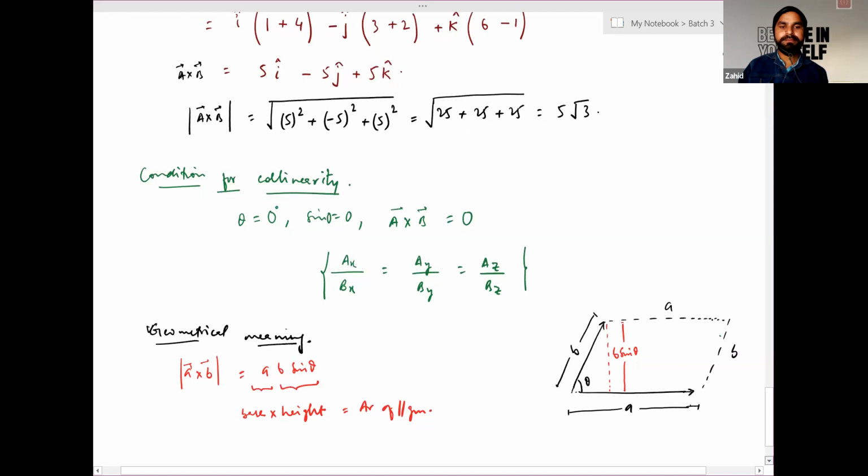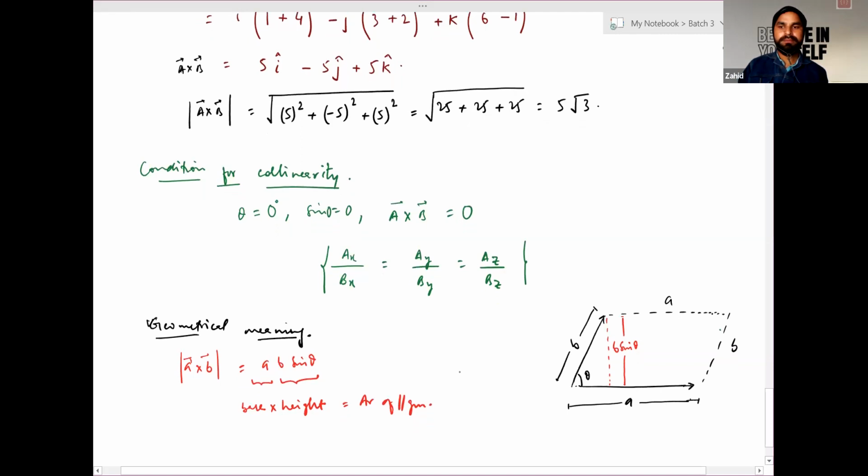Is it clear? Similarly, if you have to calculate the area of a triangle, it will be half of the area of the parallelogram, or half of the magnitude of A cross B. Is it clear till this part? Okay, just write it down.